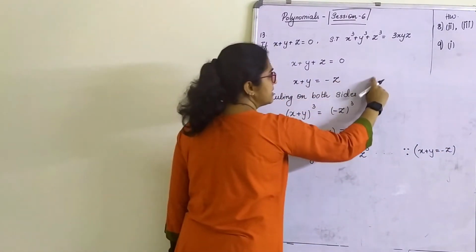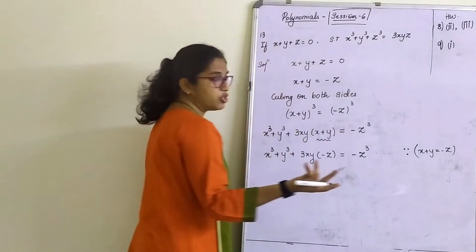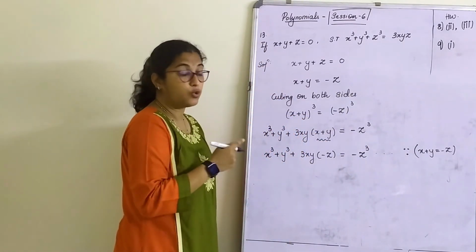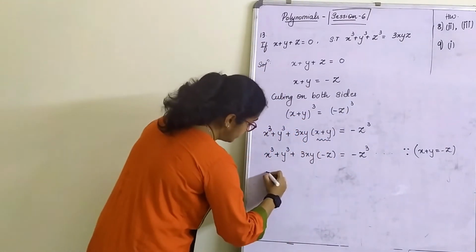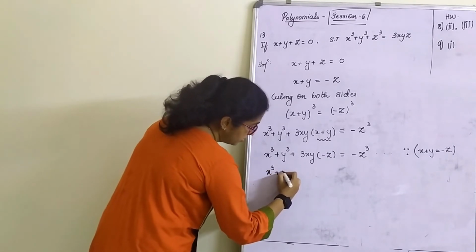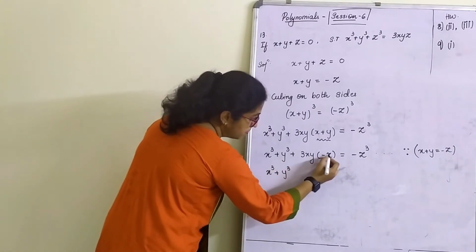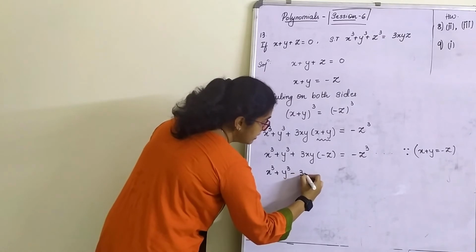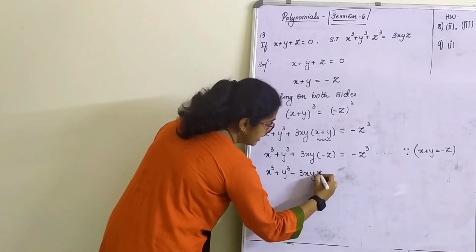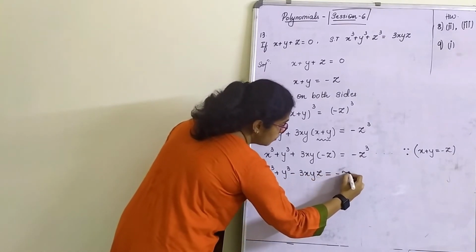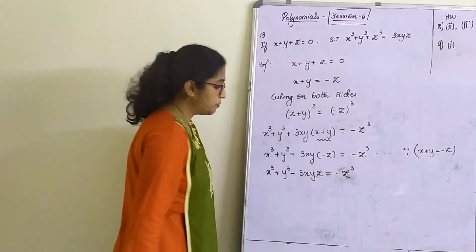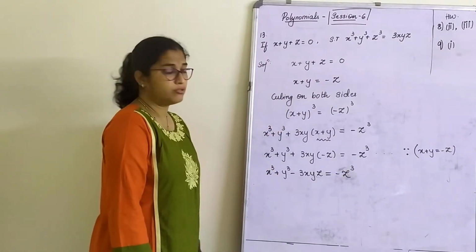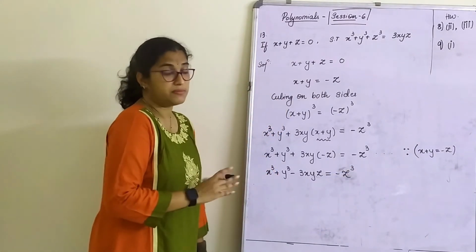Or name this as equation 1, from equation 1. But you need to write why you have written. Further, x cube plus y cube plus into minus 3xyz is equal to minus z cube. We are almost at the answer. Just we have to transpose the terms here and there.